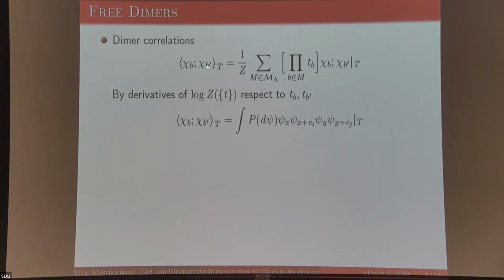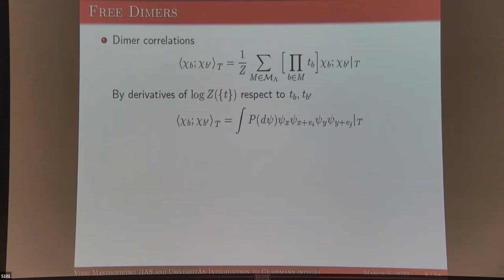So if you want to write the dimer correlations, now it is a computation I could do. You make the derivatives of this log Z. So for the dimer correlation, you have to take the average of this chi with the weight. Chi is 1 if you have, for instance, an edge B, so if the configuration is occupied.